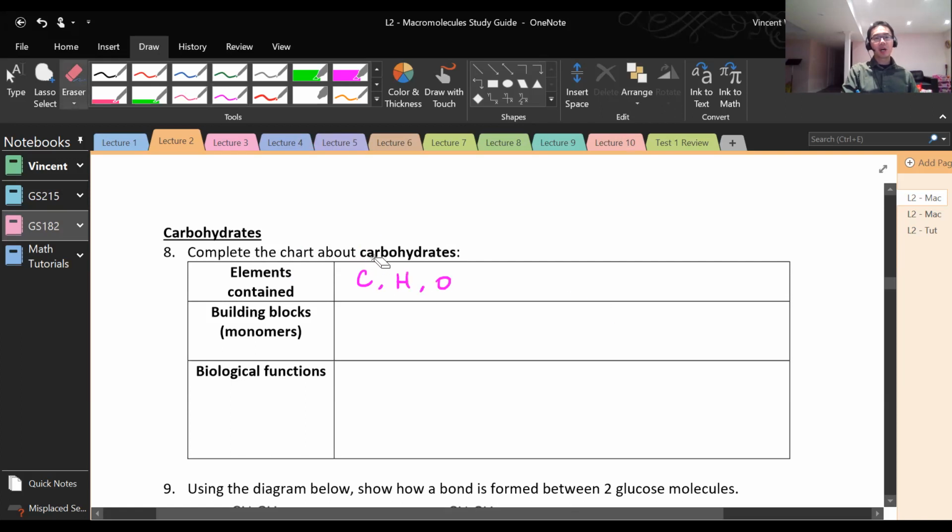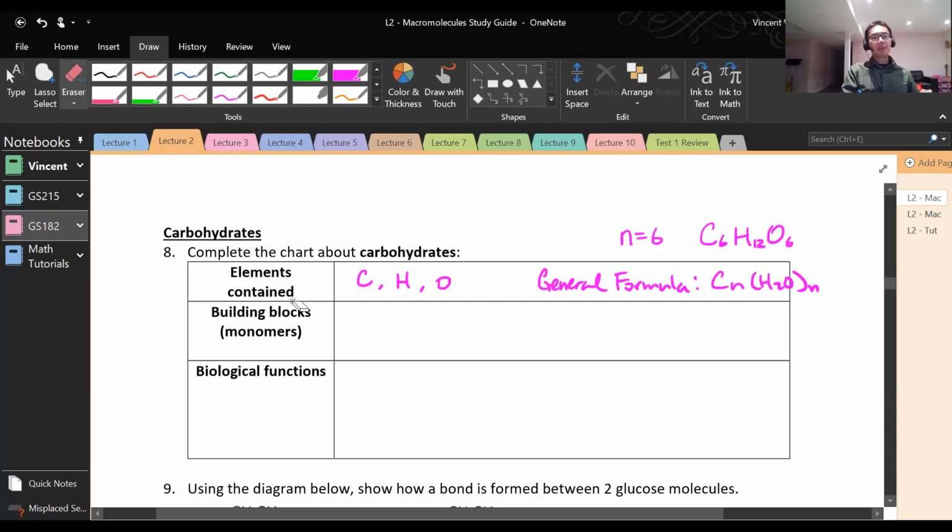In fact, the name carbohydrate reflects the general formula CnH2nOn. For every carbon, you have the same number of waters. So if n is 6, then we have C6H12O6, because 6 times 2 is 12, and you would get glucose, for example.